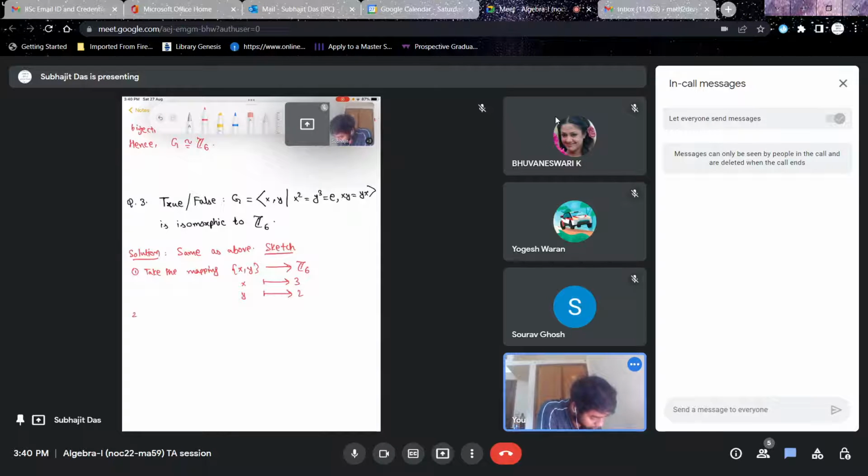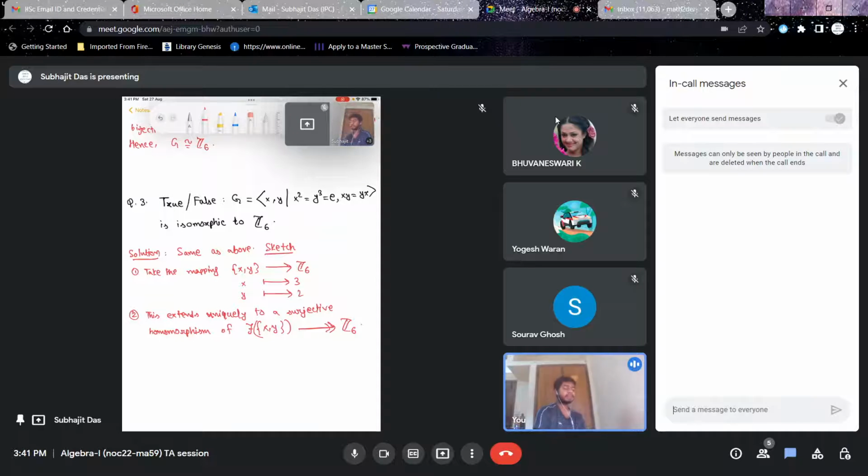So this extends uniquely to a surjection, or surjective homomorphism, that is an epimorphism, of the free group on two letters onto Z6, right?